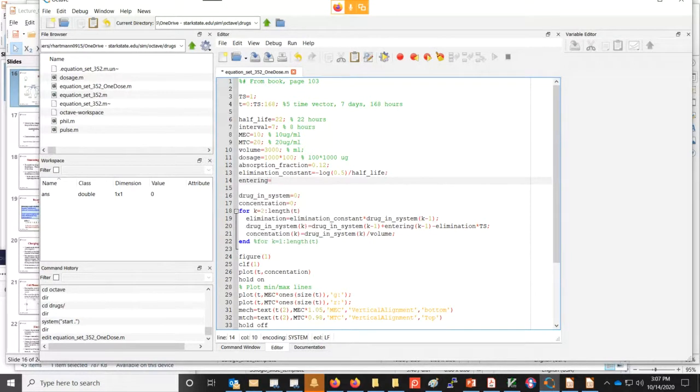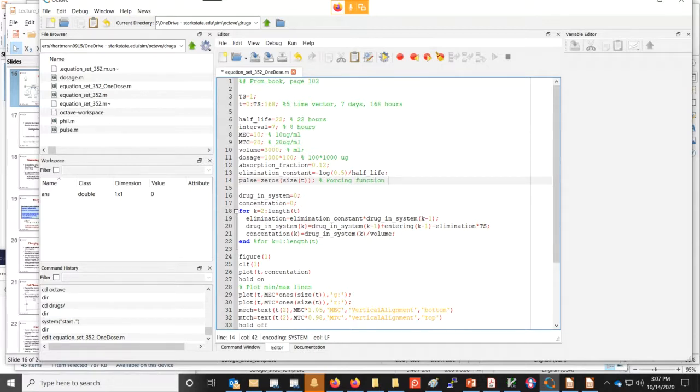I used pulse in the slides, so we could call this pulse if you want. I don't care. The pulse is going to be zeros, the size of my t vector. This is going to be my forcing function.